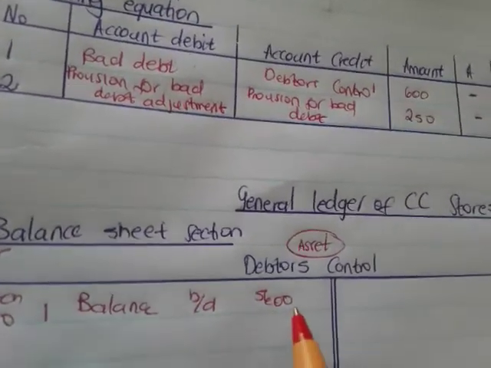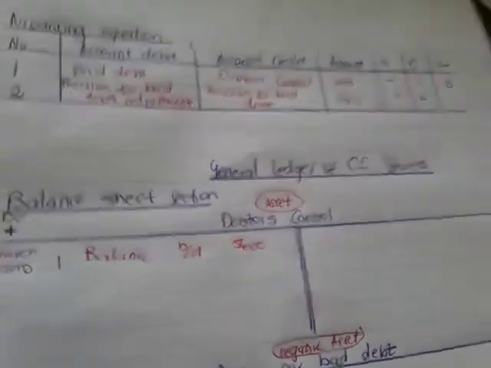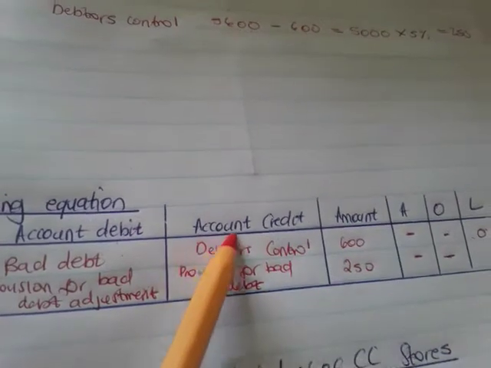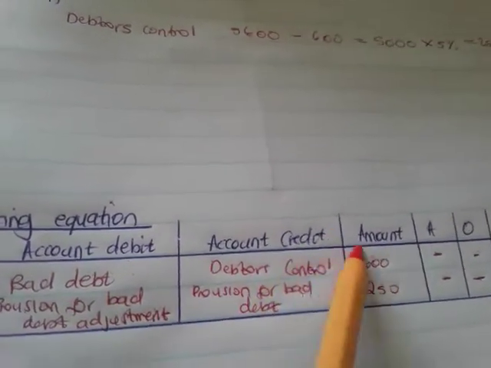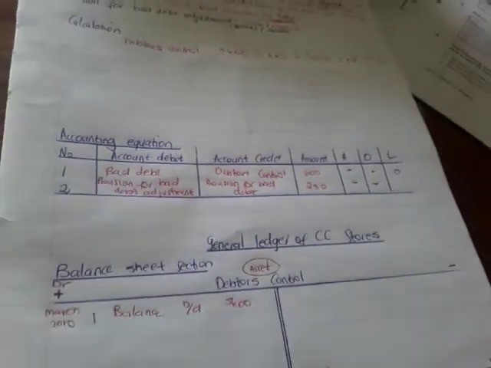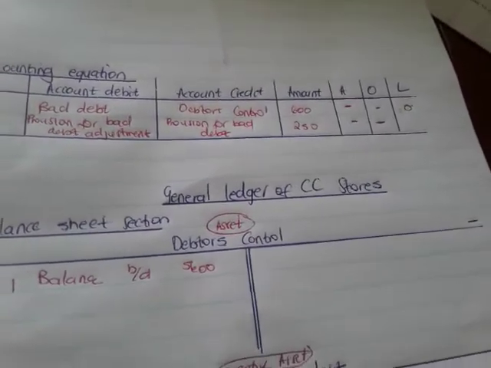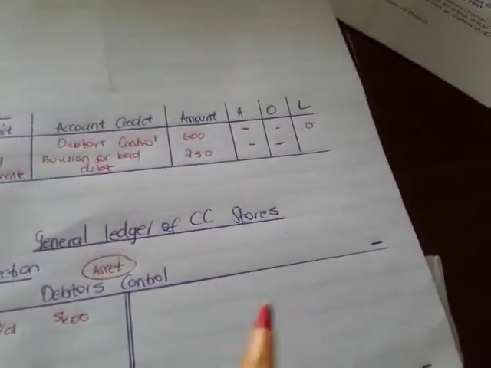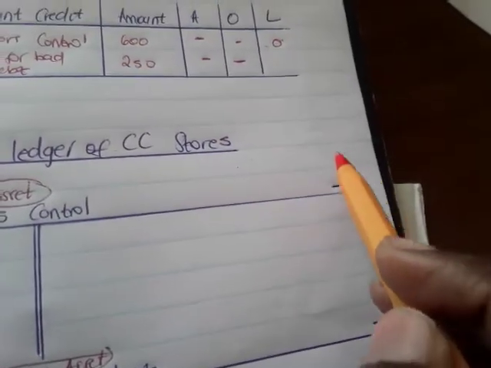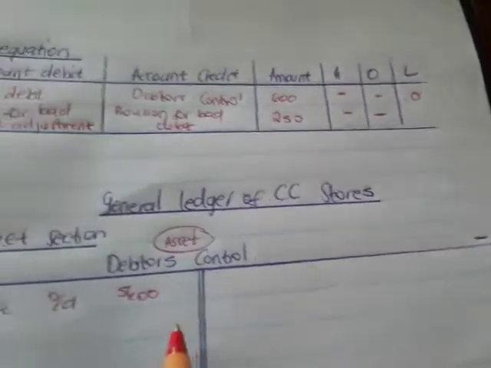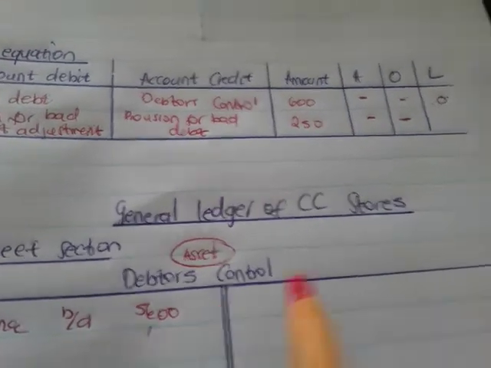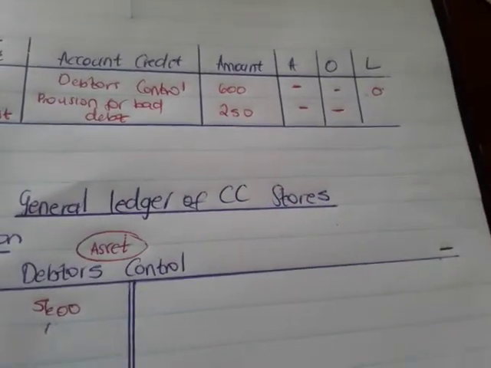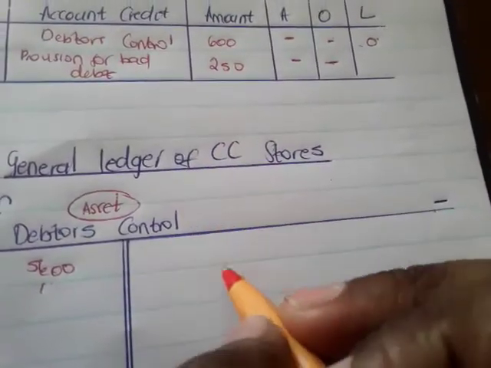So we know that we had to actually decrease this account by our bad debt, okay? We actually had to take 600 out of this debtors control account. Therefore, since we are going to decrease this account, you are going to debit that, to say we are going to decrease this 5,600 by 600, and take it to which account?